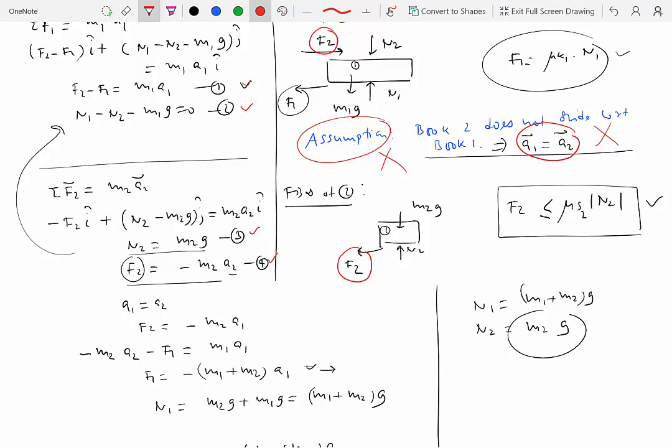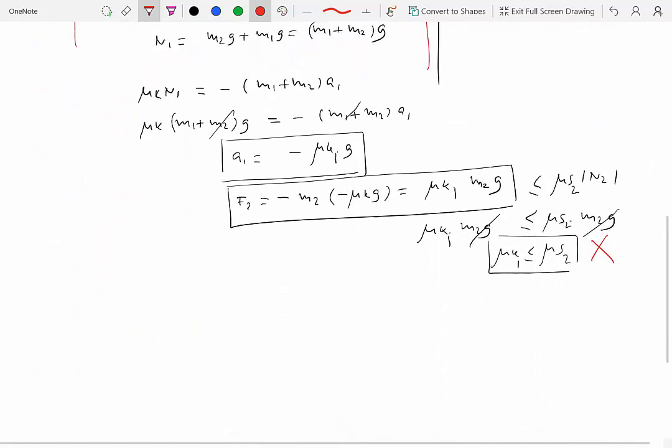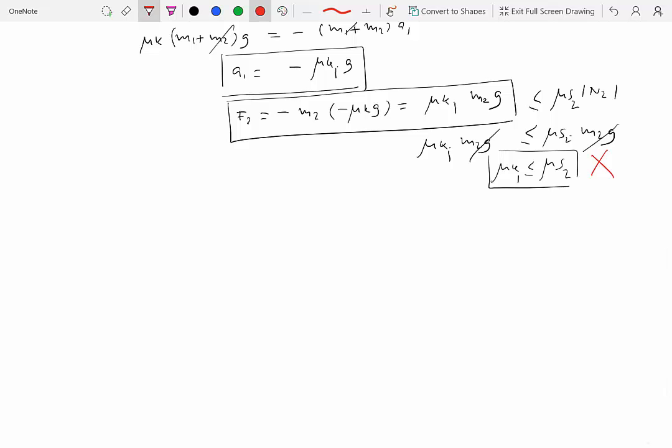So what will change is that you will not equate the accelerations. All this stuff that we did after that is now going to be invalid, because acceleration a1 would not be equal to acceleration of 2. So what would happen over here is, we go back and assume slip between 1 and 2.